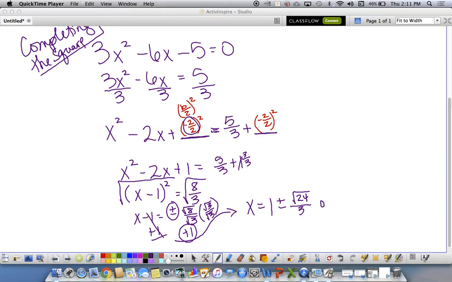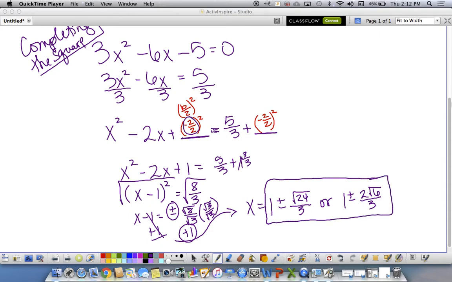I'm going to put an or here. 1 plus or minus, I believe 4 goes into that, 4 and 6, so 2 square root of 6 over 3.